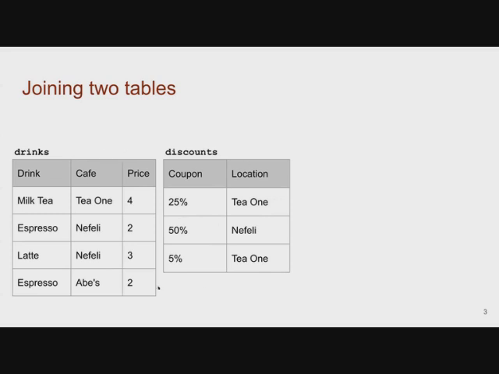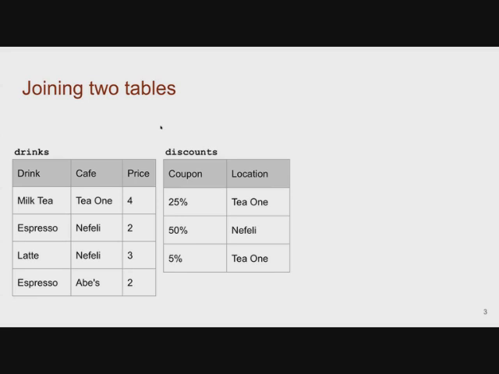And so we very often would like to look at the data all together. If you have two completely independent tables, I don't know that there's much value in joining them.